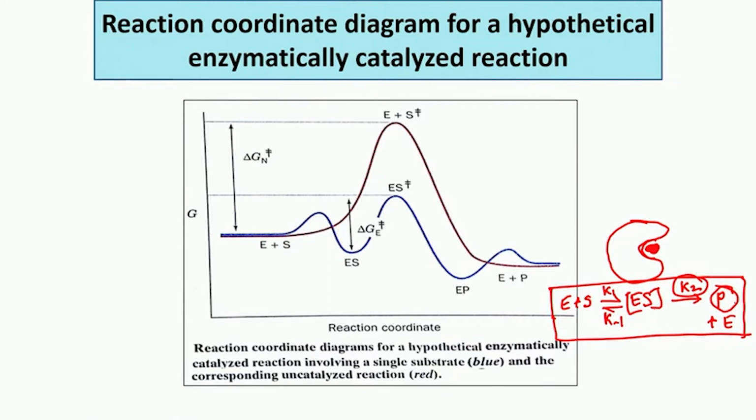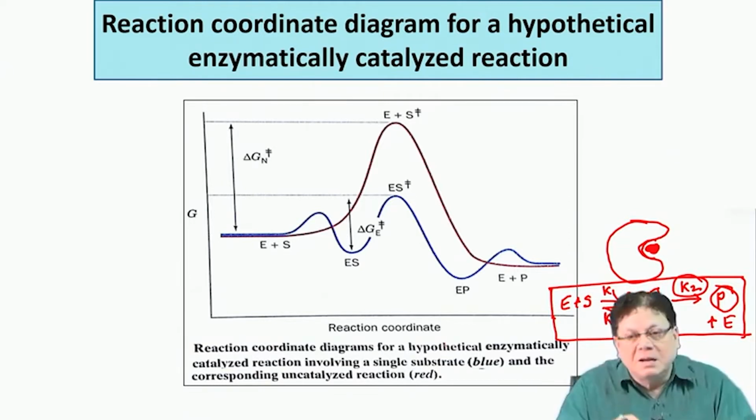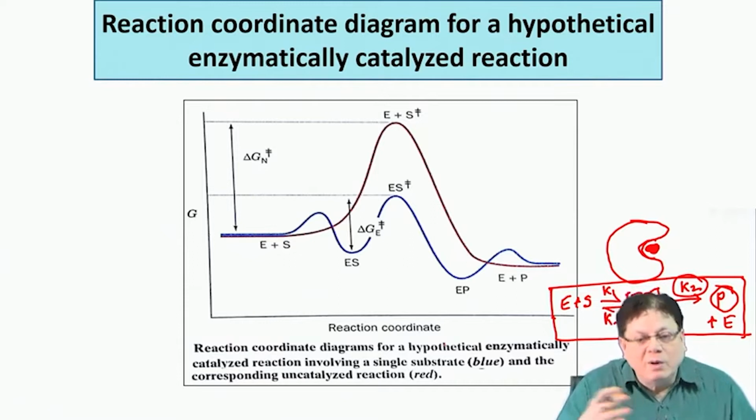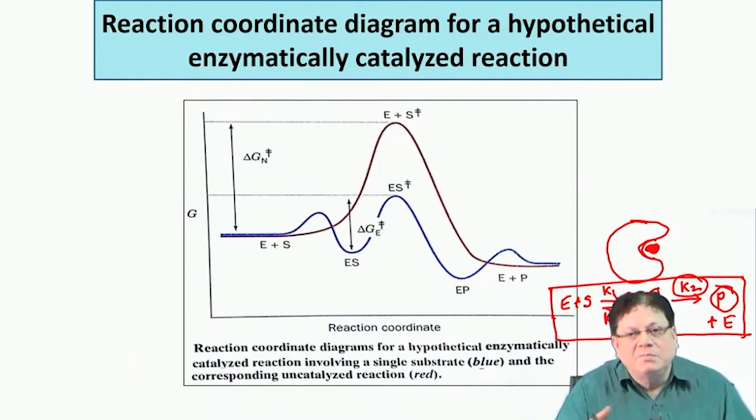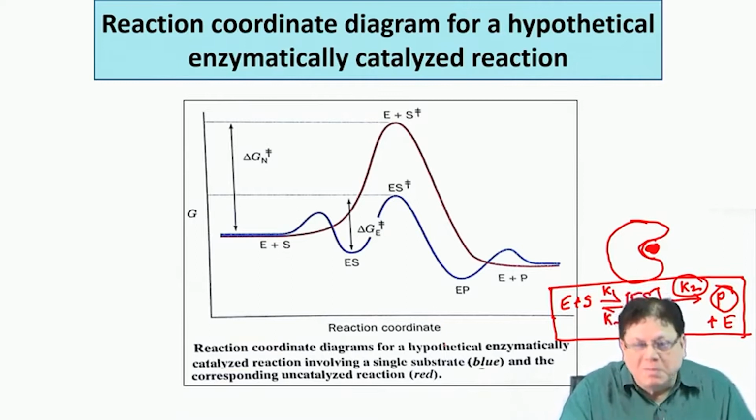Now, because it is catalysis, we know that the activation barrier is lowered, that is true. But interestingly, when substrate binds to the enzyme, the energy of the substrate also is decreased because the substrate is stabilized. It's like when a baby is alone, the baby is crying, more energy, but as soon as mother comes and takes the baby into her lap, the baby stops crying. So, baby is stabilized now.